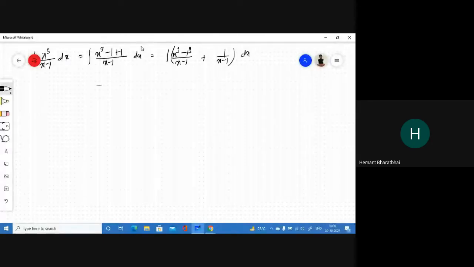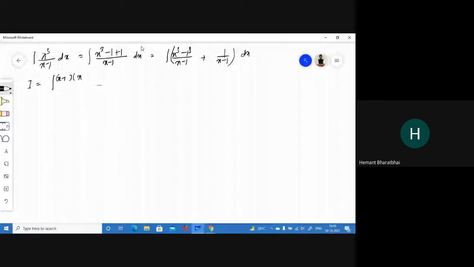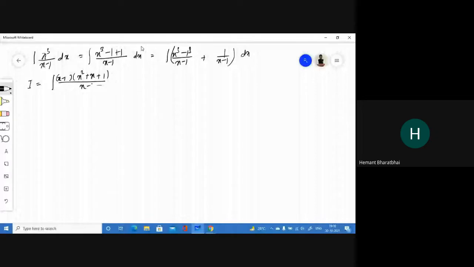So I get I equals integration of this, x cube minus 1 cube can be written as (x minus 1) into (x square plus 1 into x plus 1), upon x minus 1, and this can be written separately as 1 upon x minus 1, integration.